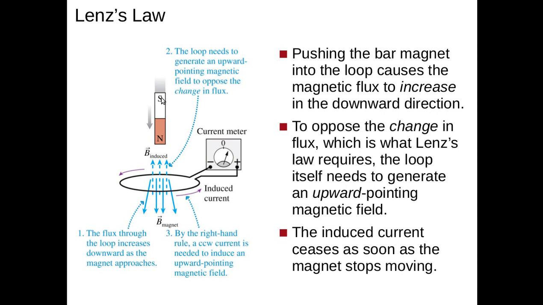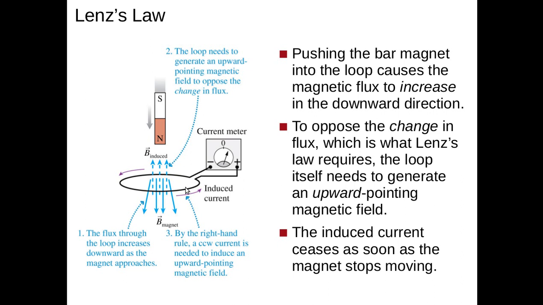And so when you bring this bar magnet in, B induced is out, or it's up, and then the current is counterclockwise, hence the deflection this way, because the induced current is counterclockwise around the loop. So that's how the current meter reads it, right?